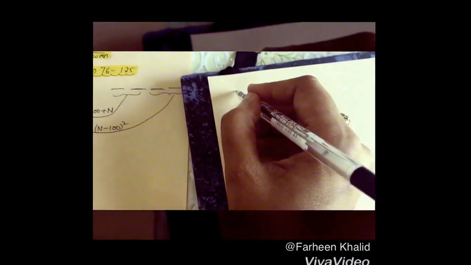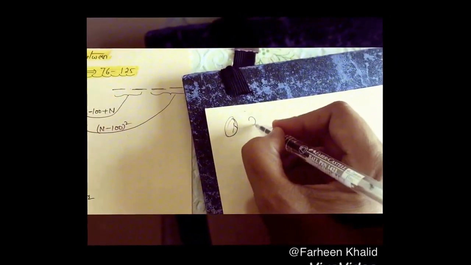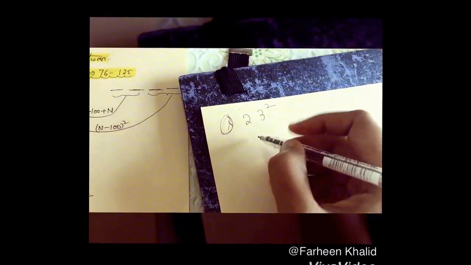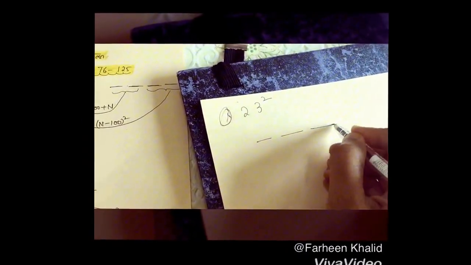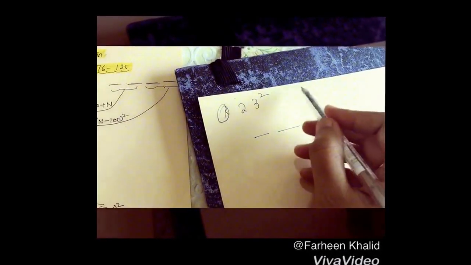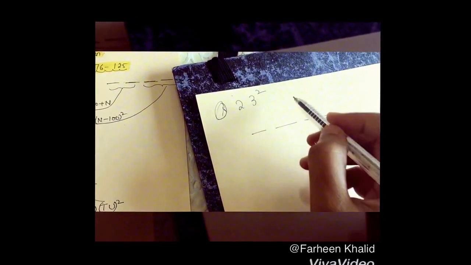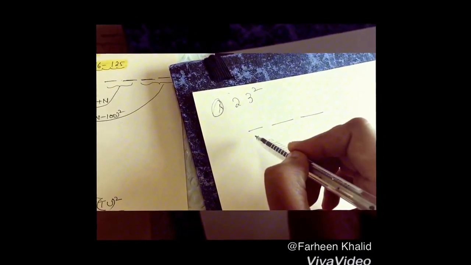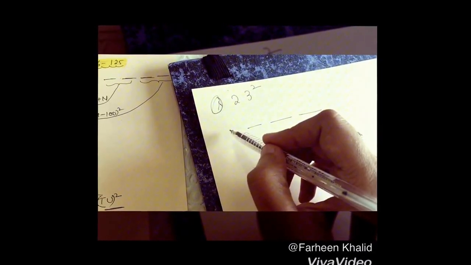So let's see. That's the first one. Let's take an example which is 23 square. First we have 3 spaces here, because 23 times 23, the answer would be at least 3 digits, or it could even be a 4-digit number.